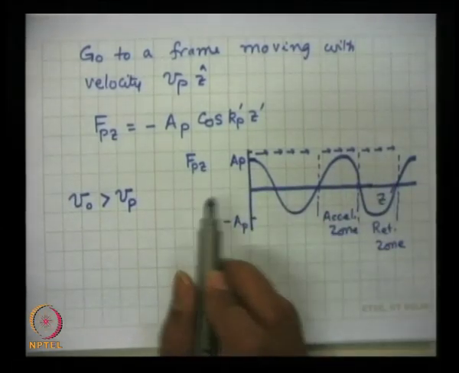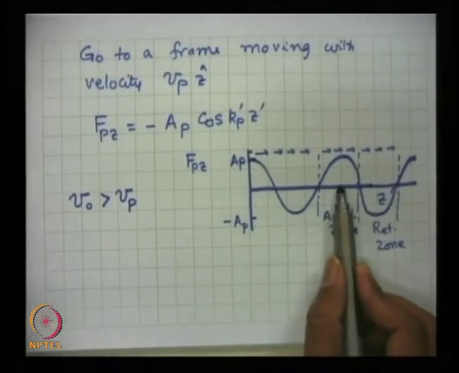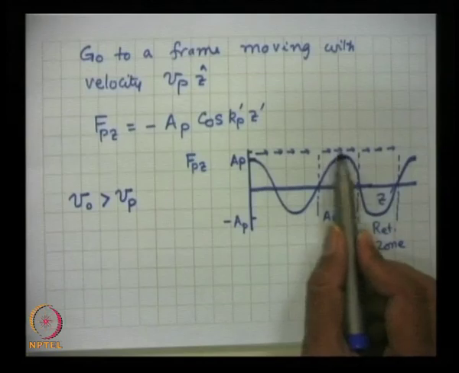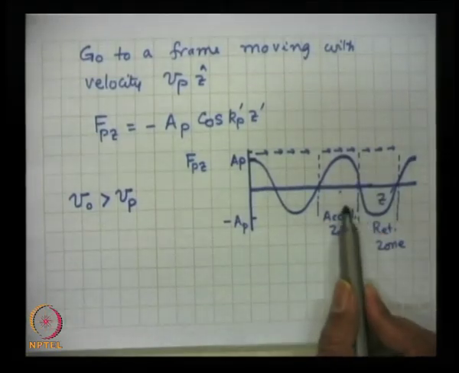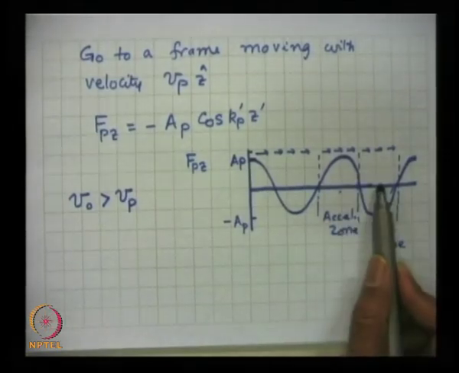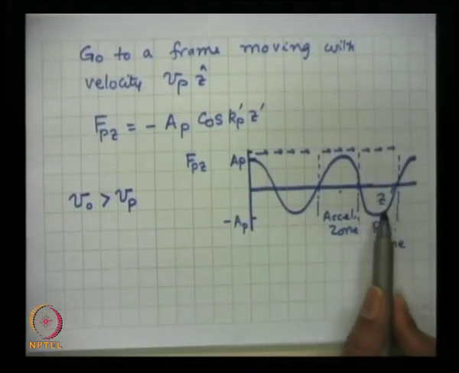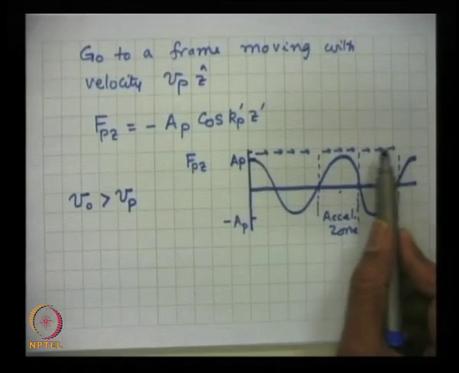What happens? The electrons in the accelerating zone will experience a forward force and they will quickly move out from the accelerating zone and go over to the retarding zone. The electrons in the retarding zones will be slowed down by this negative quantum motive force, and they will spend more time there.